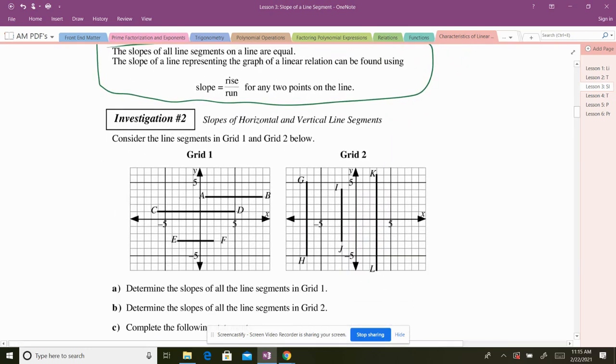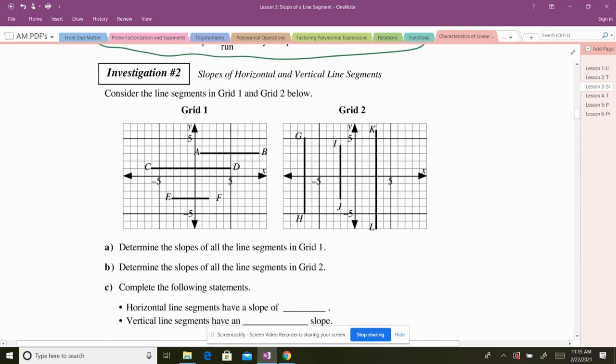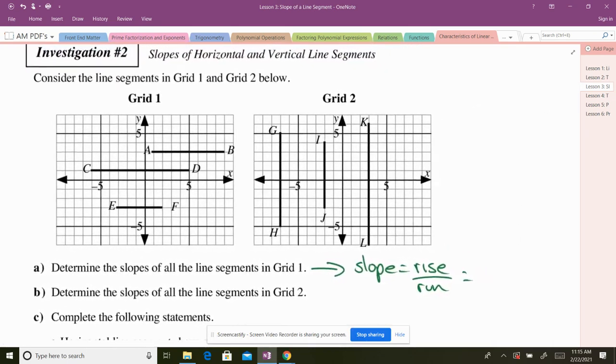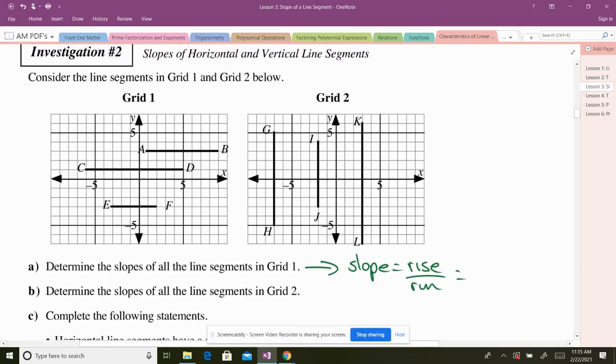Vertical and horizontal. Horizontal line here, grid 1. Slope is equal to rise over run. Let's look at the lines in grid 1. Actually, let's do the run first. AB, I'm going from A to B. What's my run? 8.